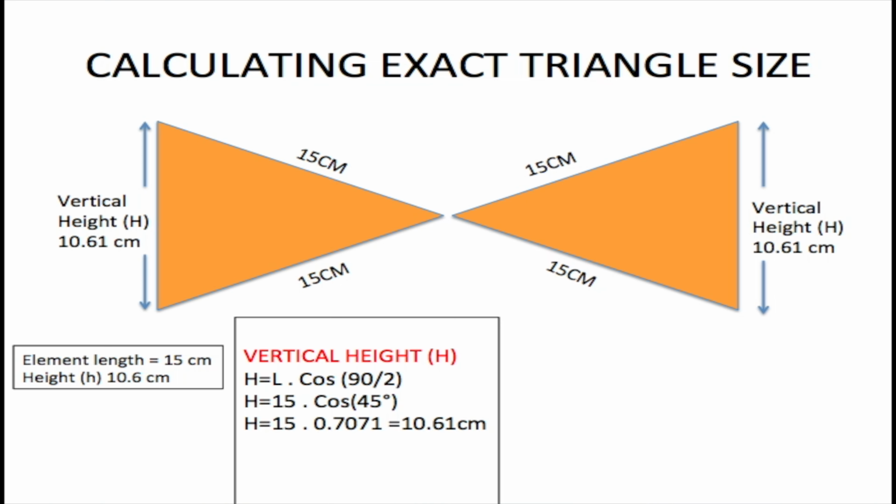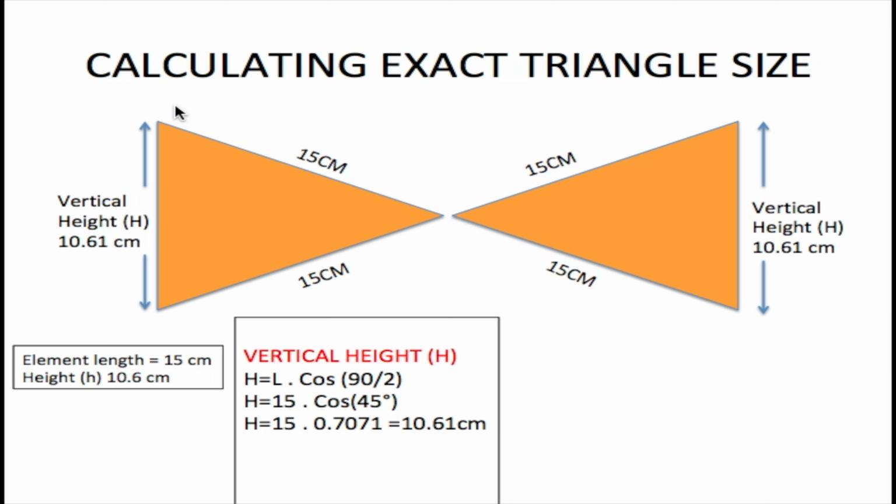So the next thing we need to do is to calculate the exact triangle size. Now we already know the length of these sides here, but we don't know the height of this vertical side. The height is important because in order to have the antenna at 90 degrees, as this antenna is supposed to be, you've got to know what height it's supposed to be.